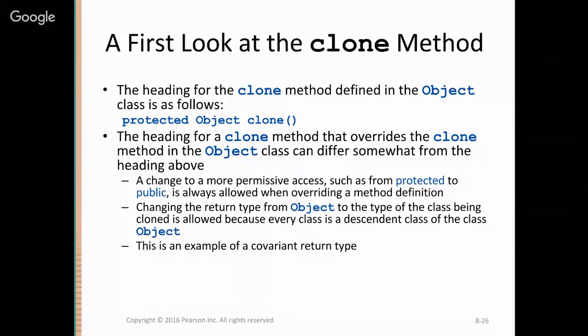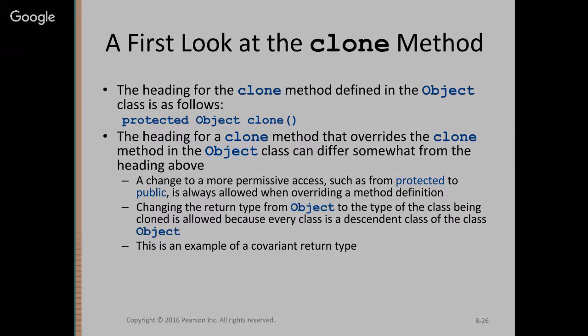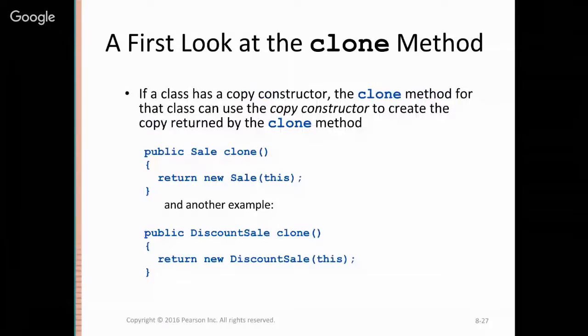This brings up the point of the covariant return type, which is available since Java 5, I believe. It will allow you to return an object of a different type after Java 5. So here, in this case, it's going to use the copy constructor and return.